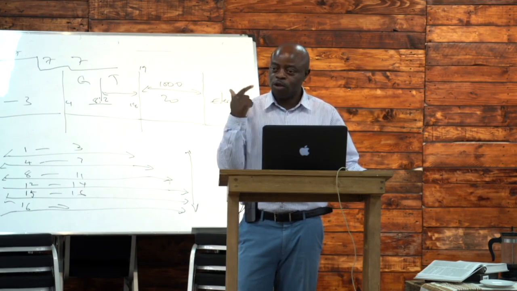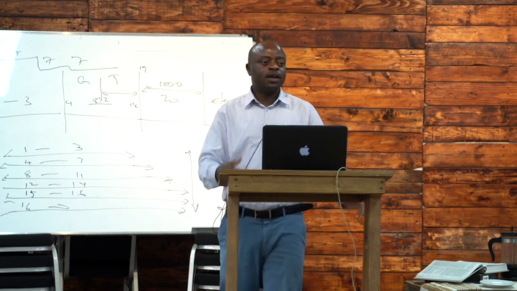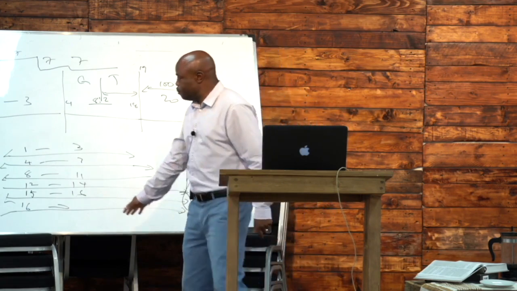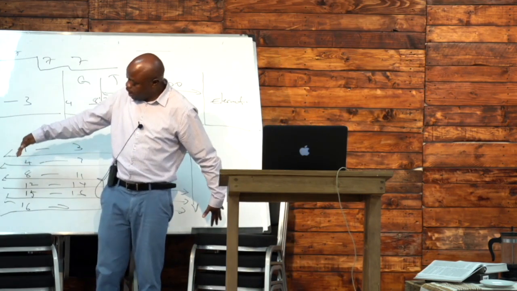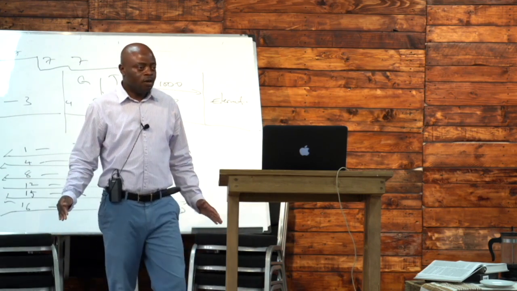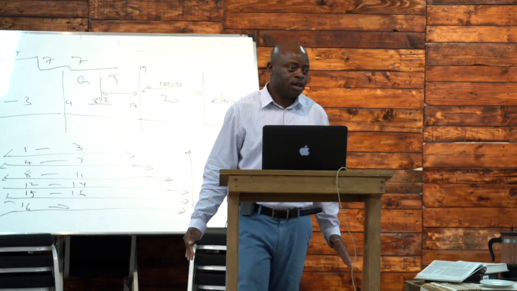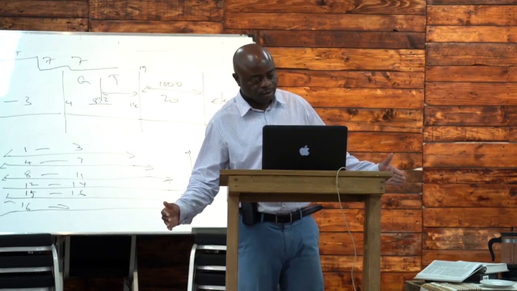So when he goes to chapter 20, talking about the same period of time, he gives the number 1,000. This same period of time is 1,260 days for a reason. It is 42 months for a reason. It is also 1,000 for a reason. It's a long period of time.